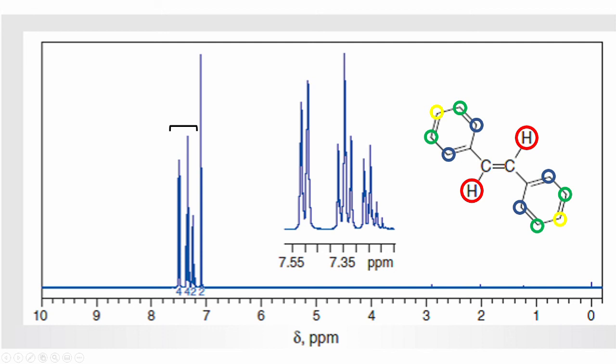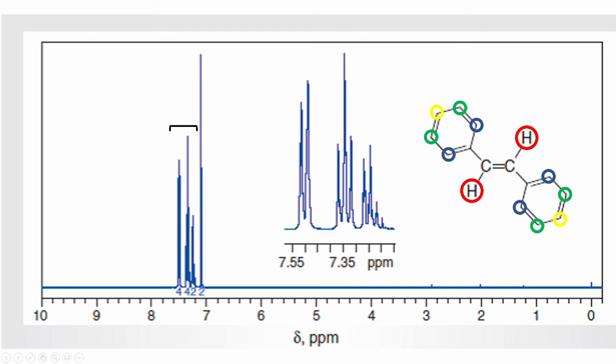Then moving even further away, the yellow should be our final peak. It should have a hydrogen here, and it should also be a triplet. This is just a very small signal that shouldn't really mean anything.